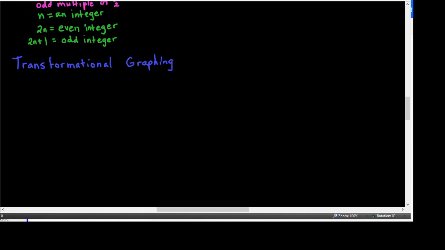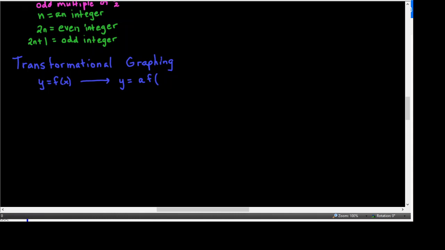Those are the things that we include when we talk about transformational graphing. In a generic sense, if you have an original function f of x, you can do all kinds of things to that. I'm going to list all of the possibilities in one big equation, but we're going to slow this down and take them one at a time. I'm going to give you the big picture first. y equals, we could multiply f of x by some constant a.